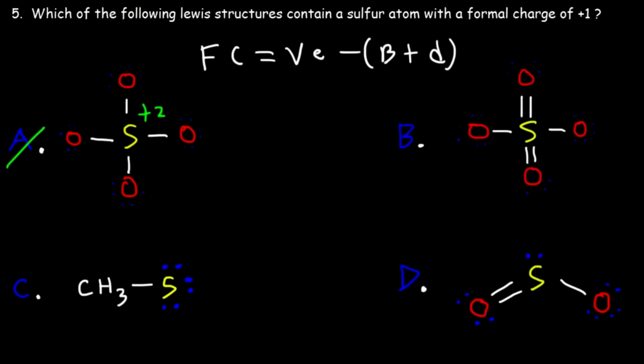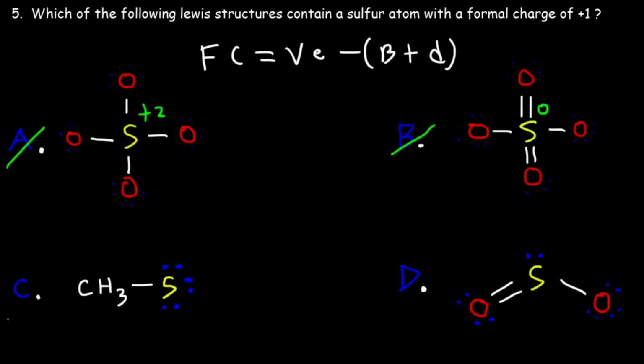Now let's move on to B. Sulfur has 6 valence electrons. In B, it has 6 bonds. 2, 3, 4, 6. It doesn't have any lone pairs, so the number of dots is 0. 6 minus 6 is 0. So we can eliminate answer choice B. It's neutral in that molecule.